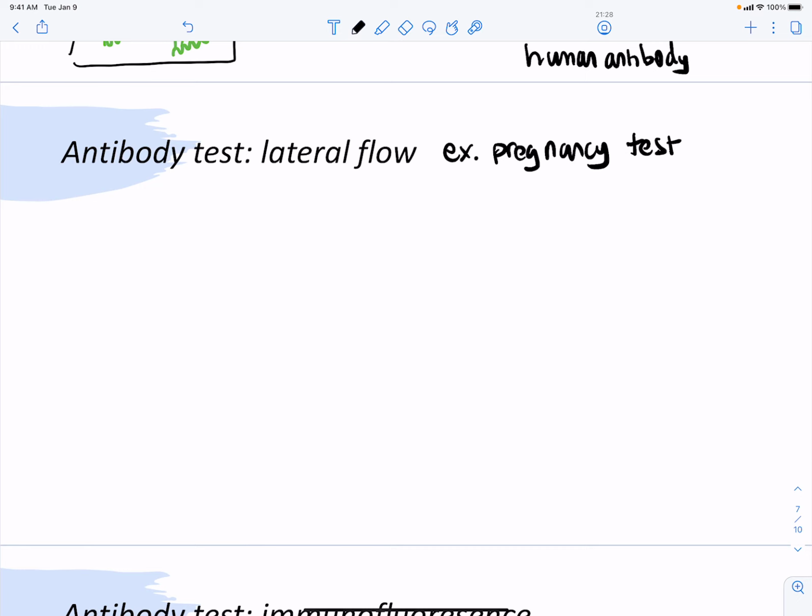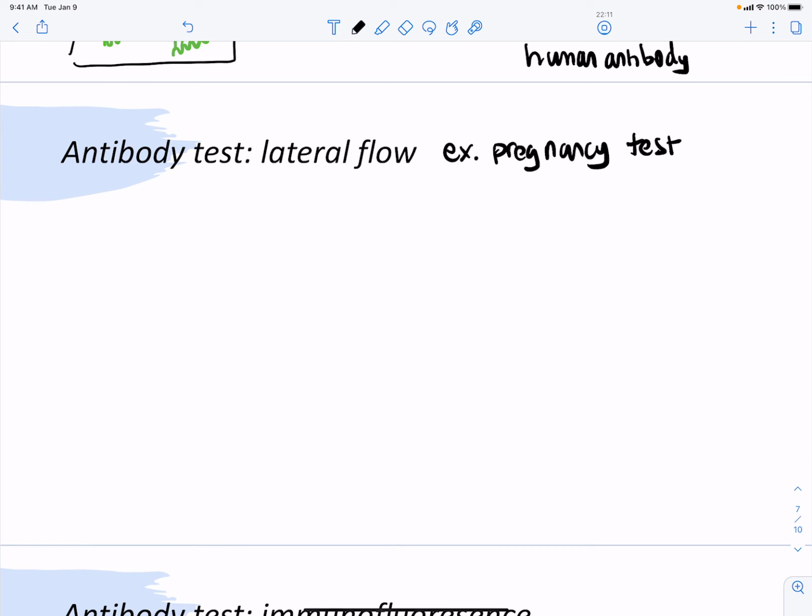You can be testing serum, you can be testing urine, you can be testing saliva. And it's very similar to an ELISA, except it's engineered to flow. So instead of doing it in those little wells, you're going to do it on some sort of slide or a mechanism that allows you to first do the binding part, then move to the detecting part, and then move to the results part. They're usually simple to perform and relatively cheap.